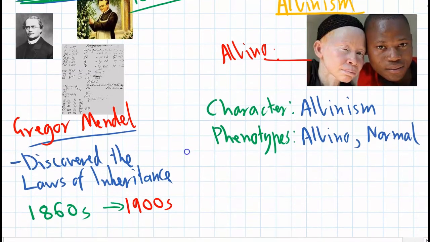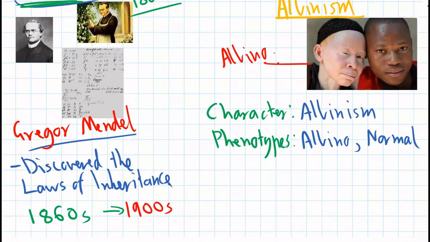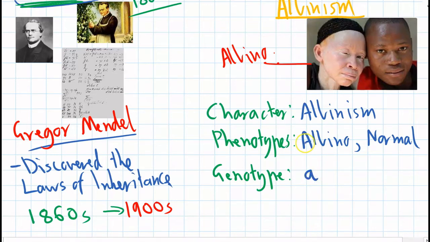And scientists have discovered that albinism is actually a recessive phenotype. So when we're writing the genotype for albinism, we're going to use small a to represent the albinism allele, and big A is going to be the normal allele. So albinism is recessive.